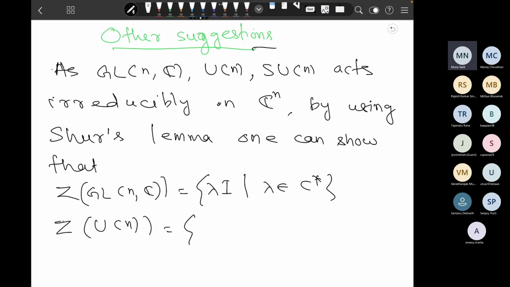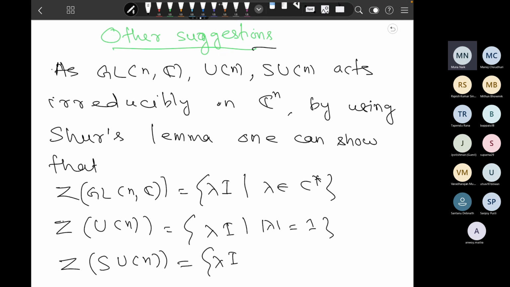What is Schur's lemma? You just check after this lecture. So actually, Schur's lemma says that since this U_N acts irreducibly on C^N, if some operator commutes with all these U_N, that has to be a scalar times identity. So this directly follows from that.